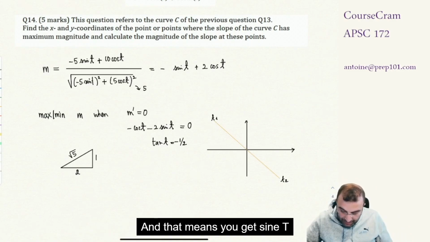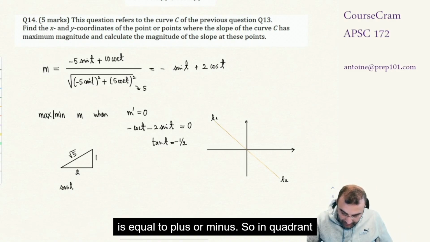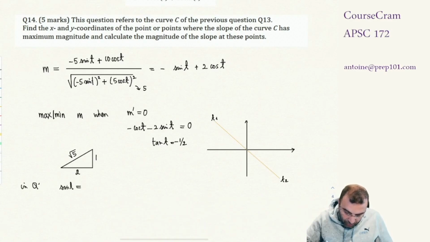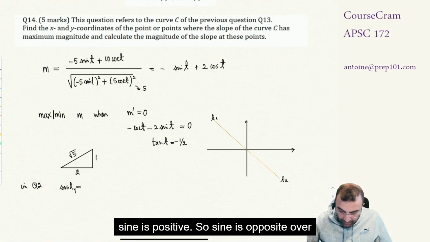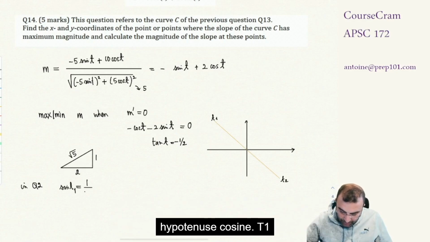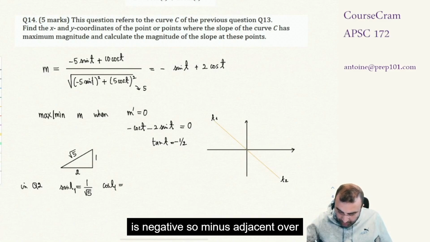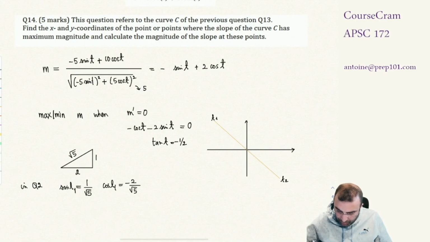And that means you get sine t is equal to plus or minus 1 over √5. In quadrant 2, that's t1, so the sine is positive, so sine is opposite over hypotenuse. Cosine t1 is negative, so minus adjacent over hypotenuse.